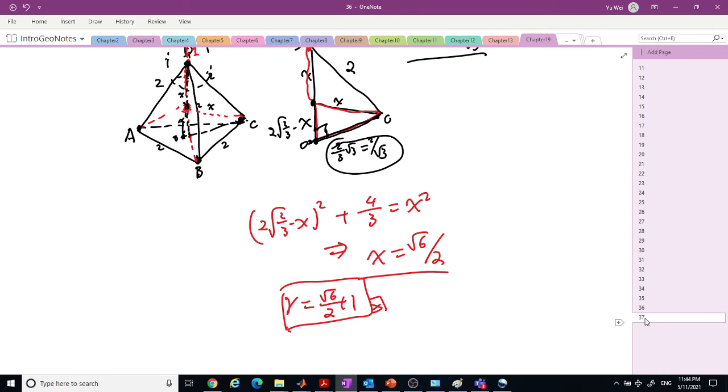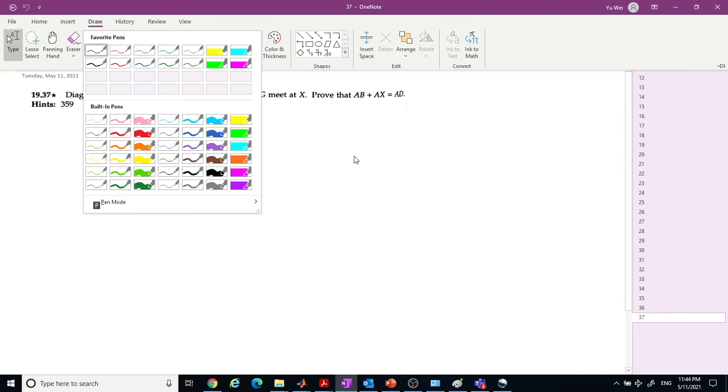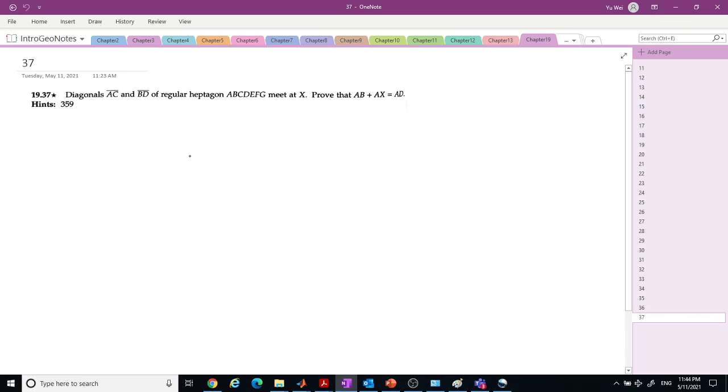Now the last one. Okay, the last one of this challenge problem. So diagonals AC and BD of regular heptagon, okay, 7 sides.